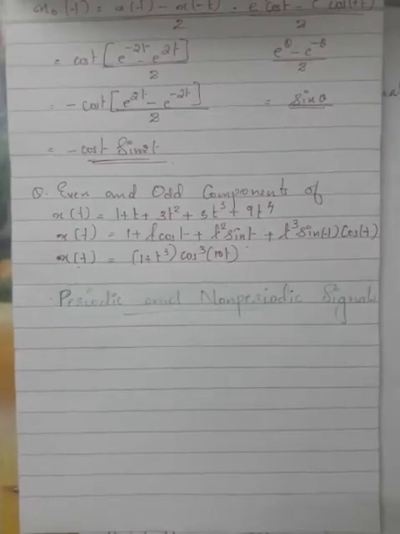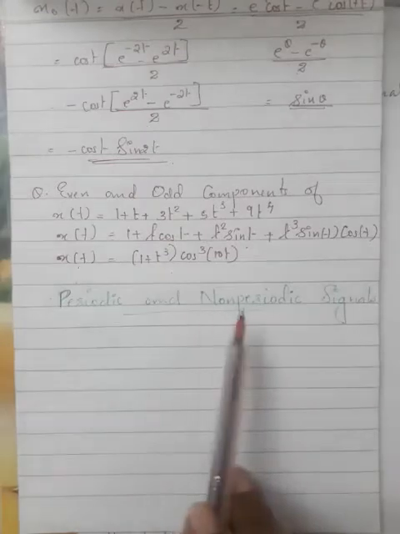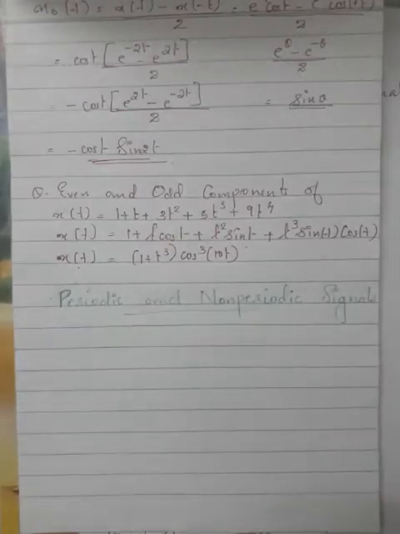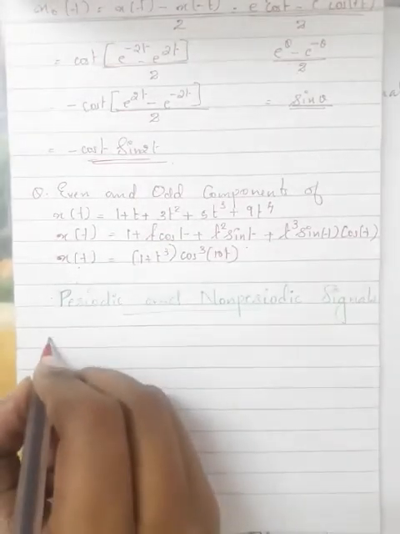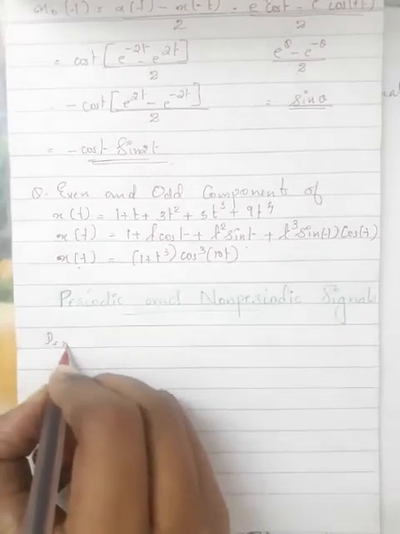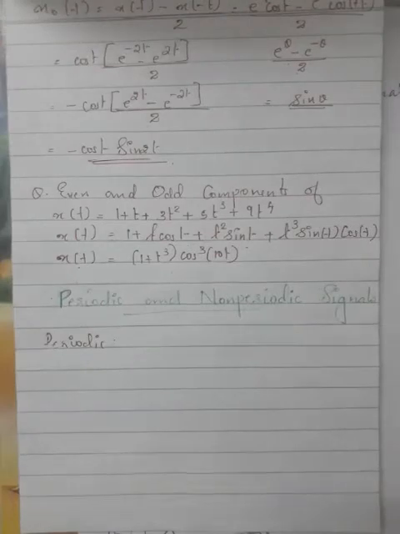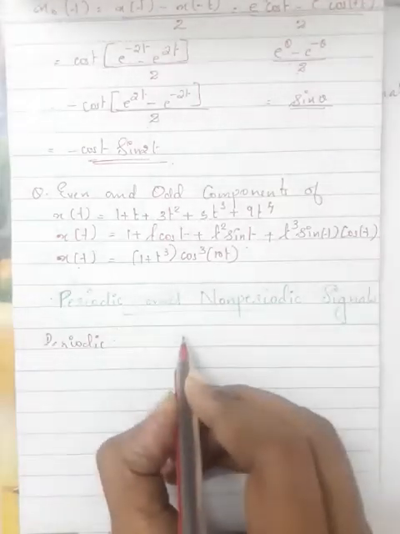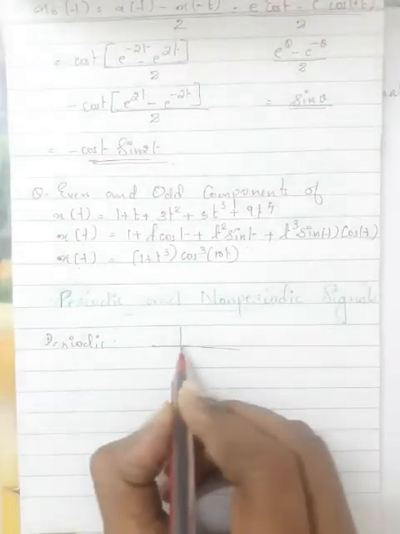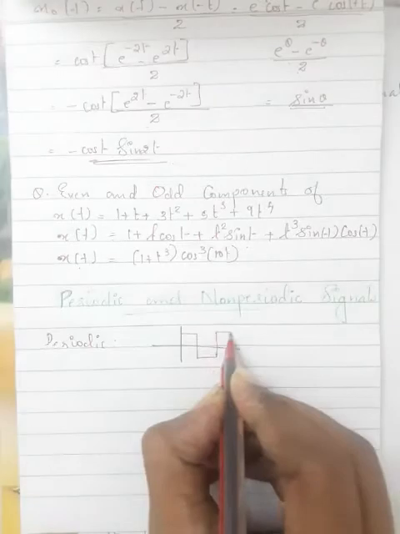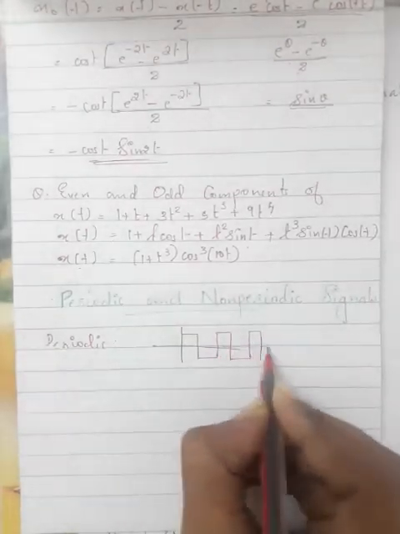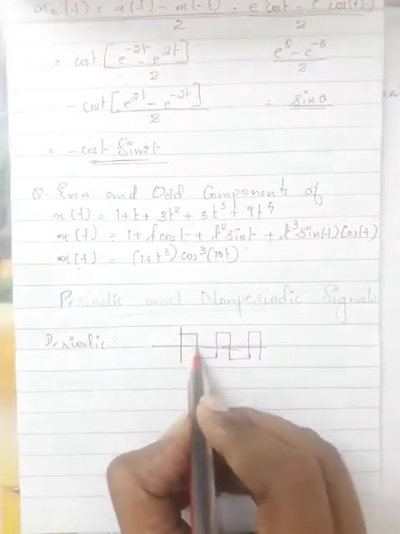So the next signal is periodic and non-periodic signal. So what is a periodic signal? A periodic signal is a signal which will repeat after a certain interval of time. For example, let us see a signal like this.